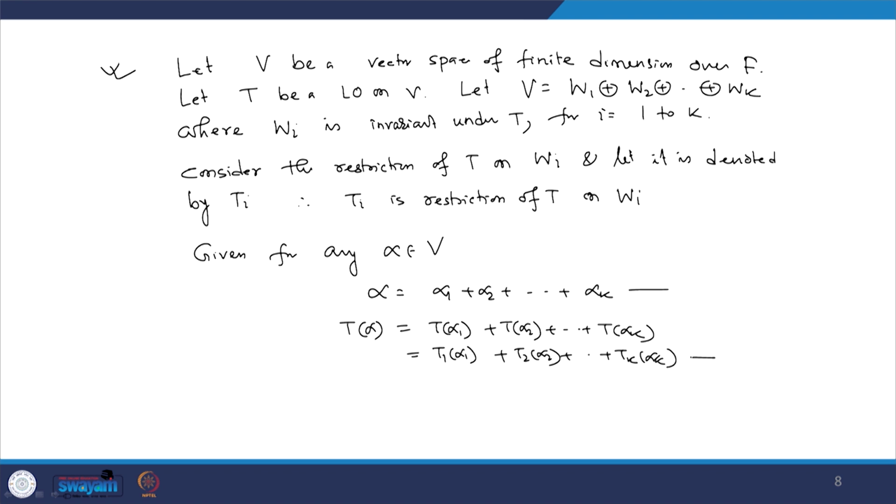So, for this let me consider an example. Let T be a linear operator on a finite dimensional vector space V, and V is equal to the direct sum of W 1, W 2 and W k.